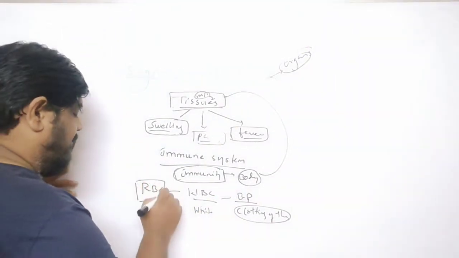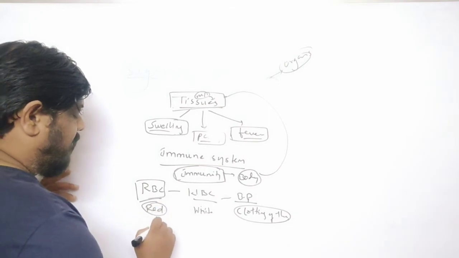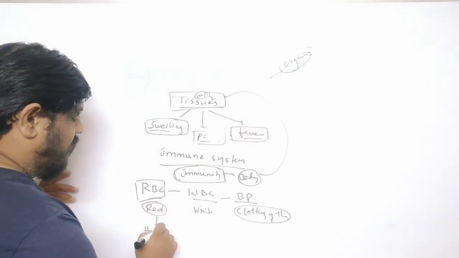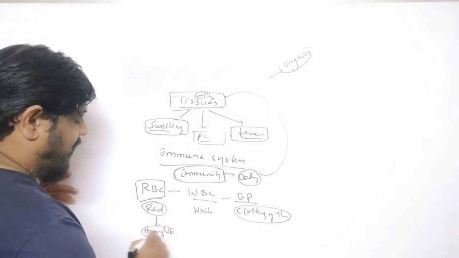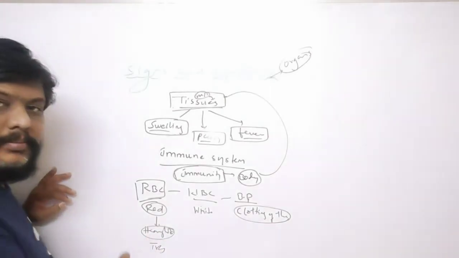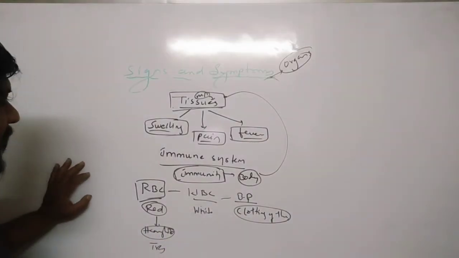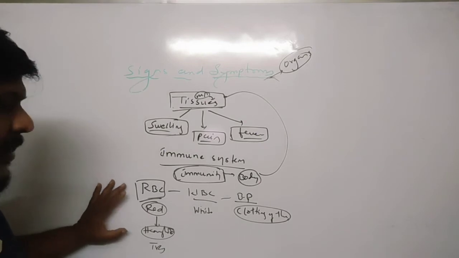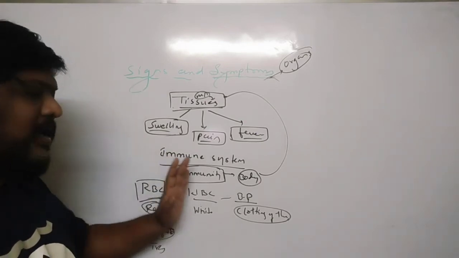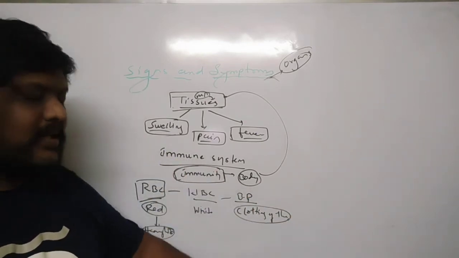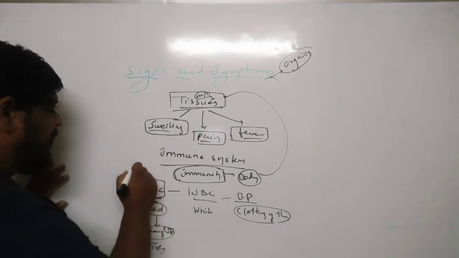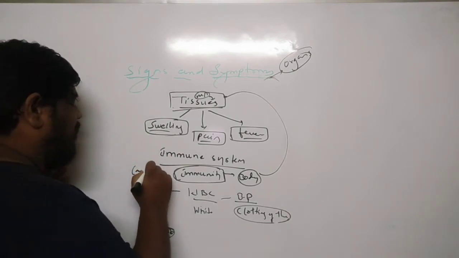Whereas RBCs are red in color because they have a pigment called hemoglobin. They help in the transport of oxygen from the lungs to all the cells of the body. So it is a kind of carrier of oxygen.